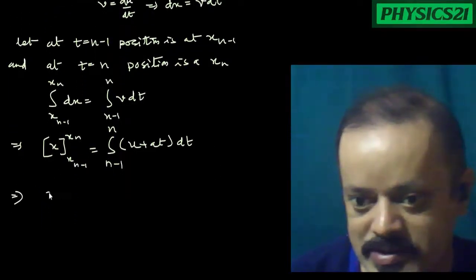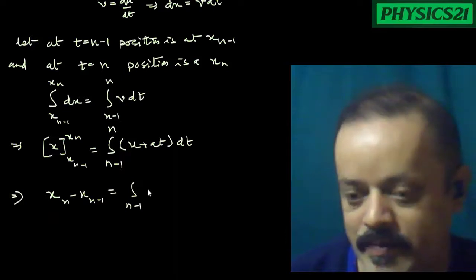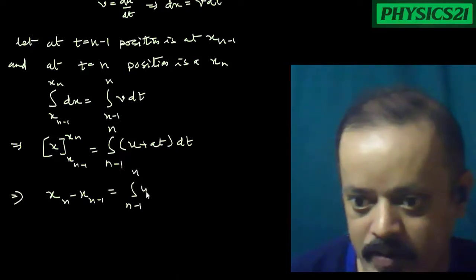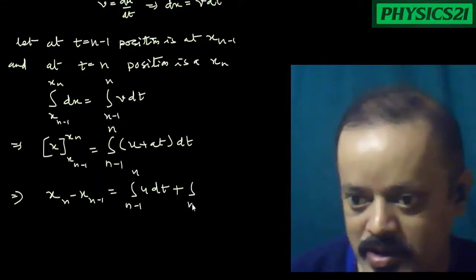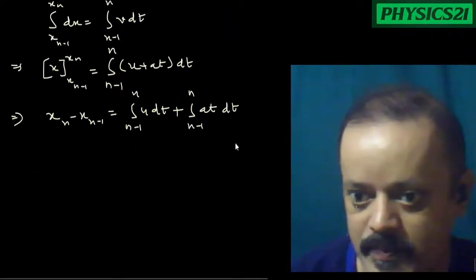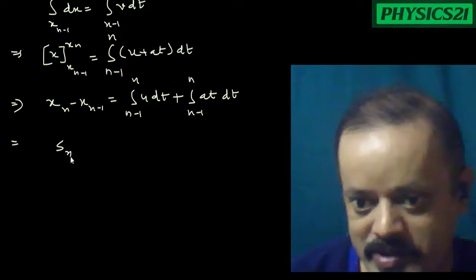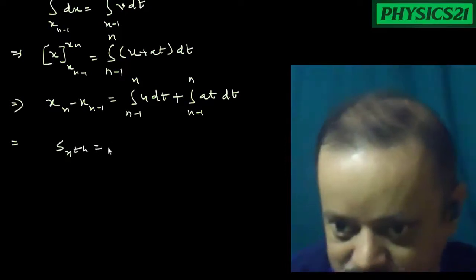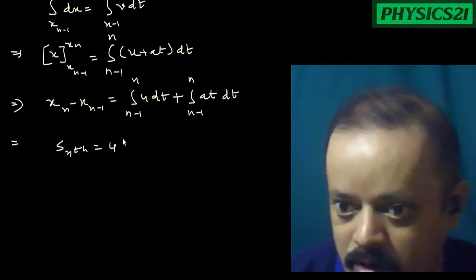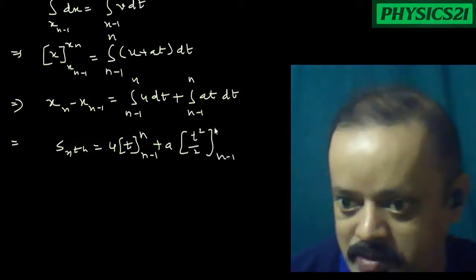Next step, this is xn minus x n minus 1, which is integration n minus 1 to n u dt plus integration n minus 1 to n at dt. xn minus x n minus 1 is represented by displacement in nth second, denoted by s n, and here it is ut from n minus 1 to n plus at square divided by 2 from n minus 1 to n.